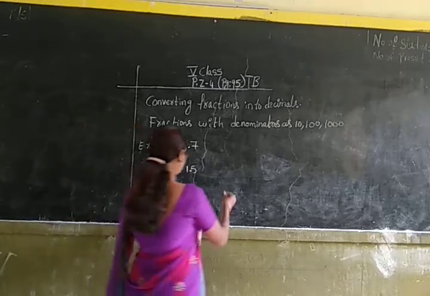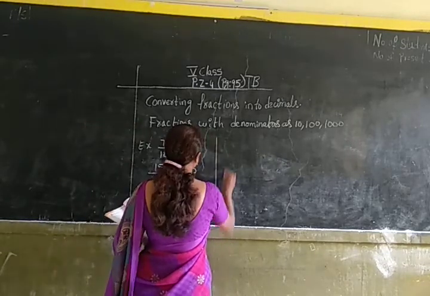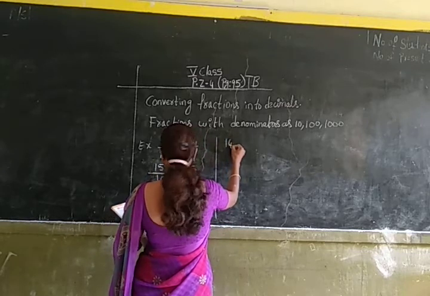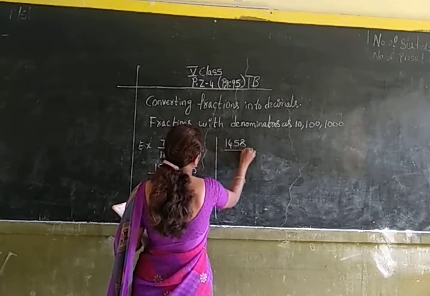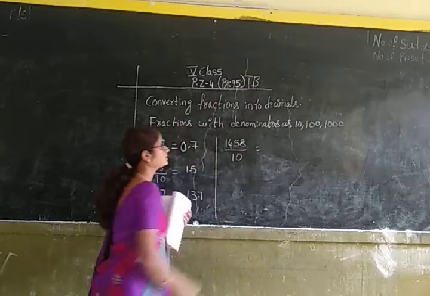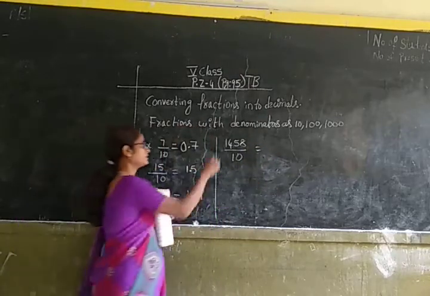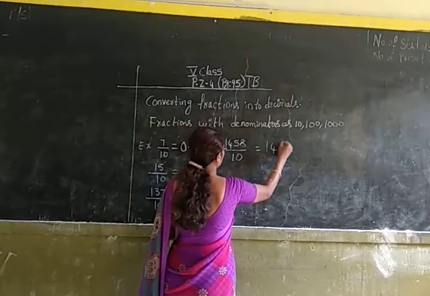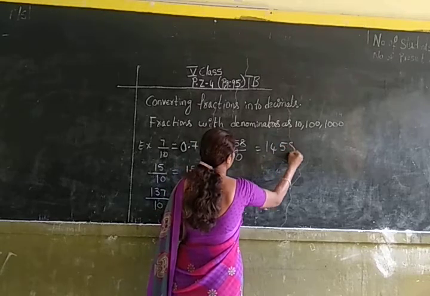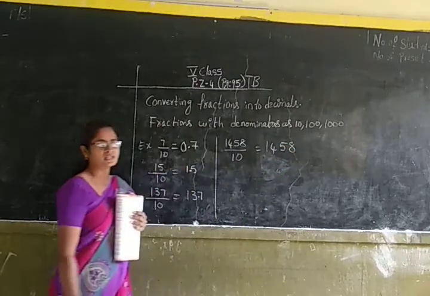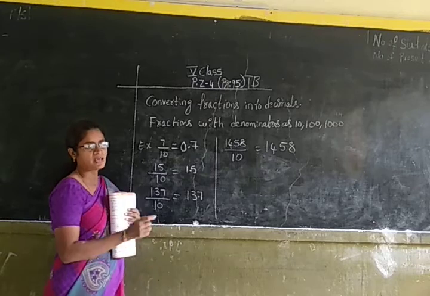Okay, children. Now let us take the 4-digit number fraction. 1458 by 10. Now let us convert this fraction into decimal. First write down the numerator as it is, 1458. Now the denominator is having 10 and 10 is having 1 0.